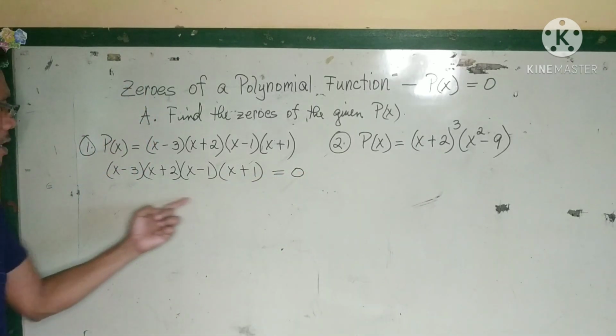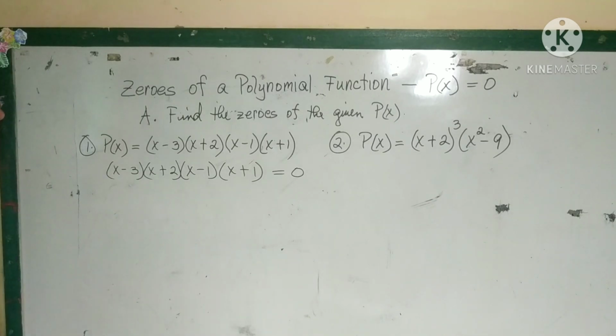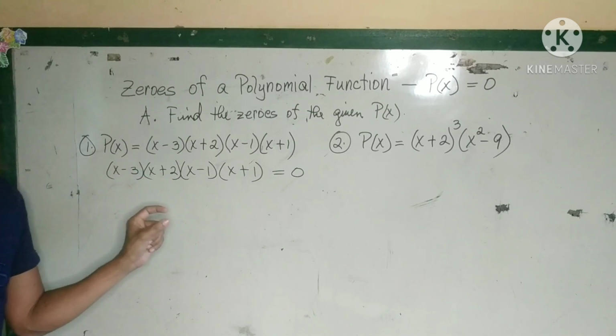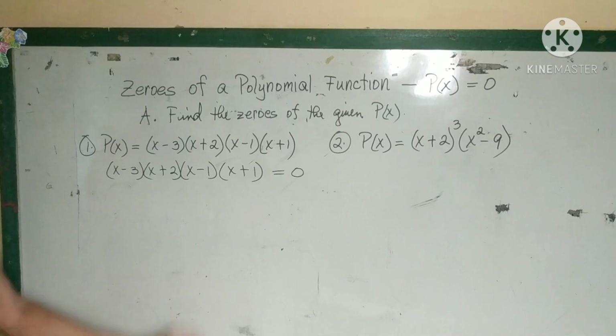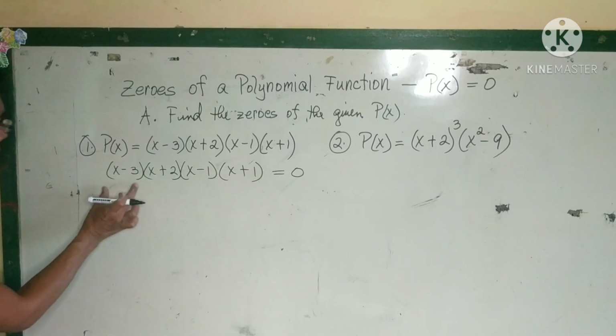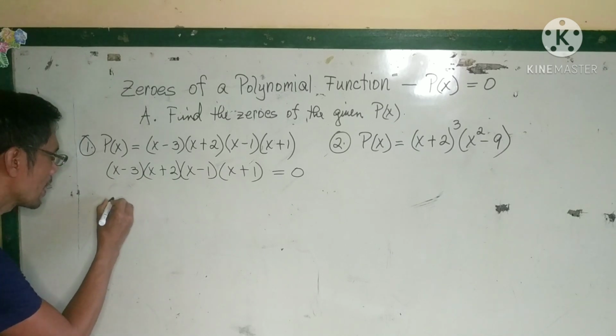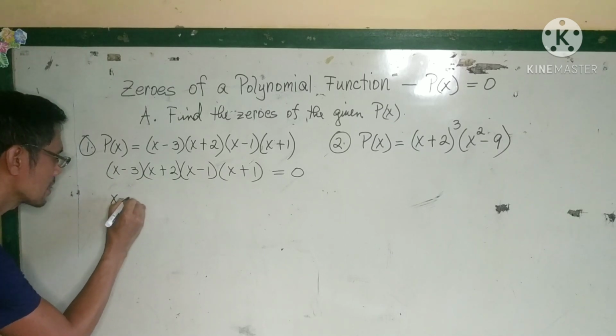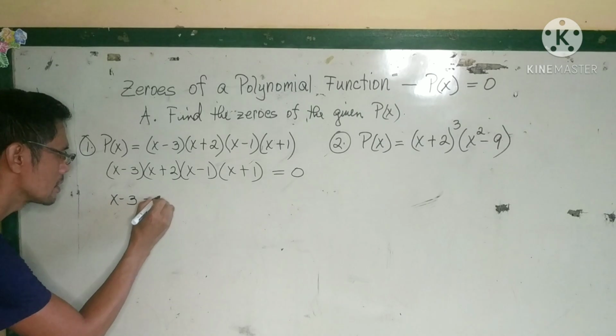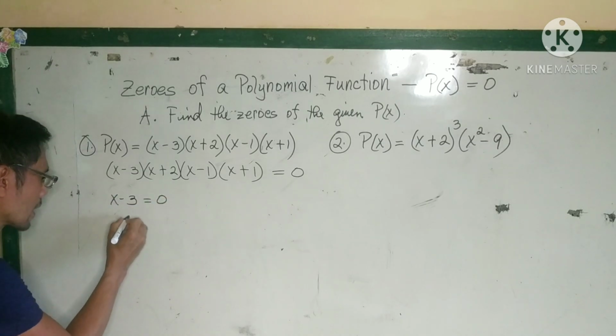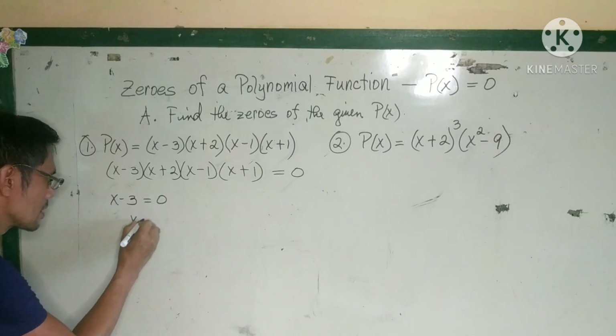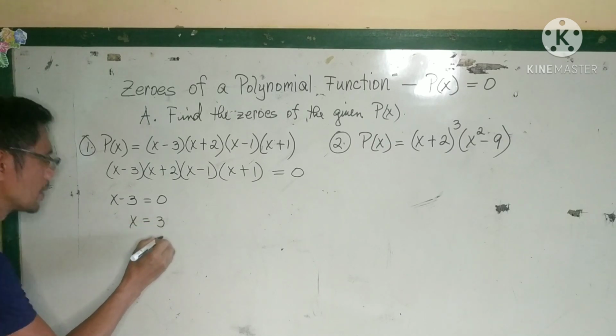Since these are already linear factors of the given p of x, we are going to equate the binomial factors individually to 0 to solve for x. For the first factor, we have x minus 3 equals 0. Solving for x, we have x is equal to 3.